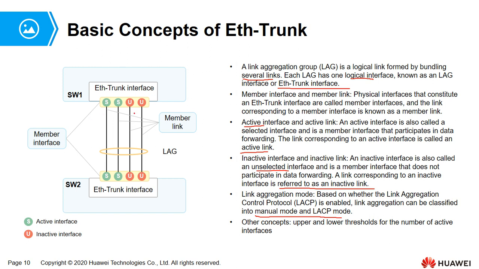You can see these interfaces are the member interfaces, with some interfaces selected and other interfaces unselected. We can see the Eth-trunk interface; we can use Eth-trunk interface number 1. This interface is called Eth-trunk 1.